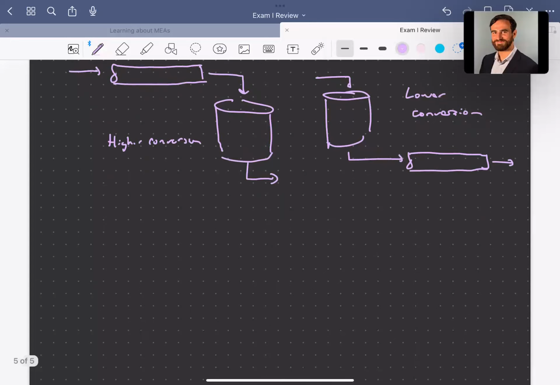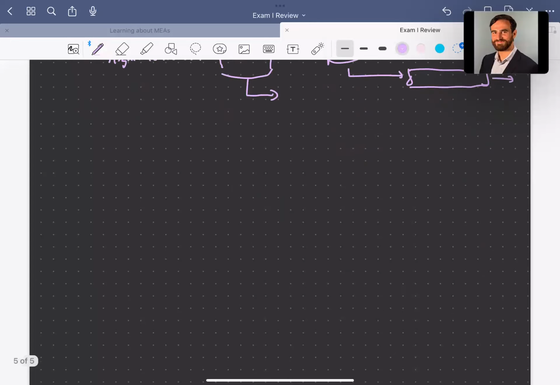Okay, so one graphical representation, sort of visualization of these reactor design problems that's very useful is the Levenspiel plot. So you can see what the Levenspiel plot is demonstrating by looking back at the mole balance.